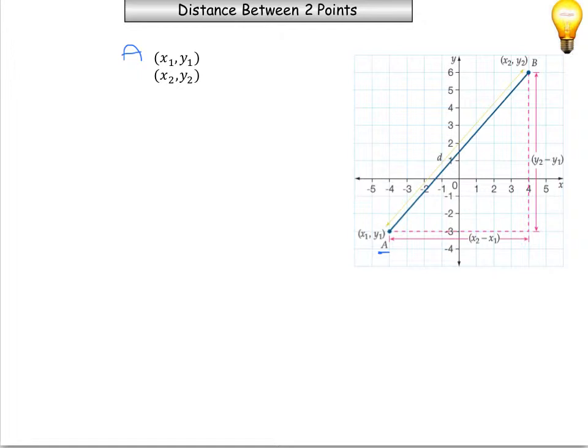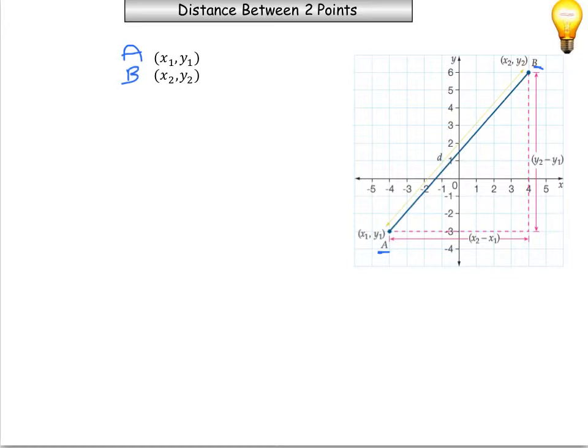We're using the subscripts to distinguish the 2 points, and B here has the coordinates x2, y2. The reason we've used x1, y1 and x2, y2 is because this can work for any values.